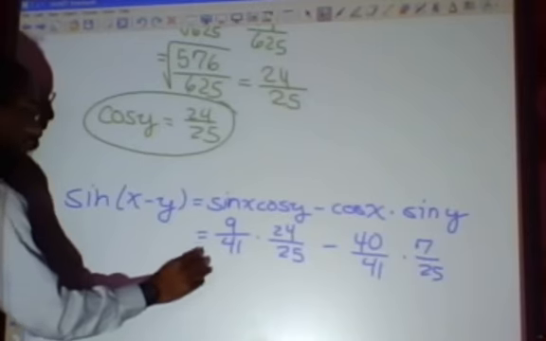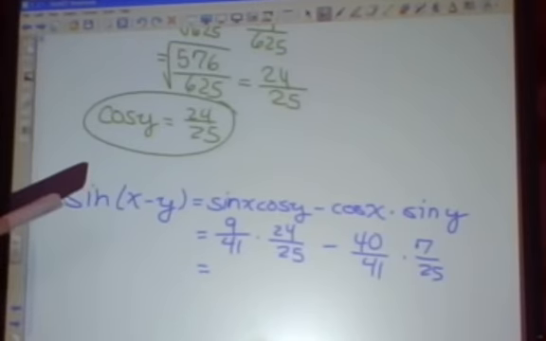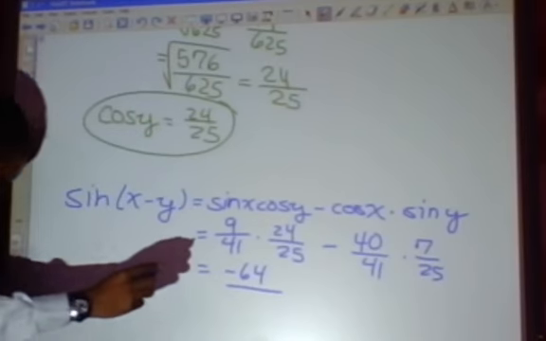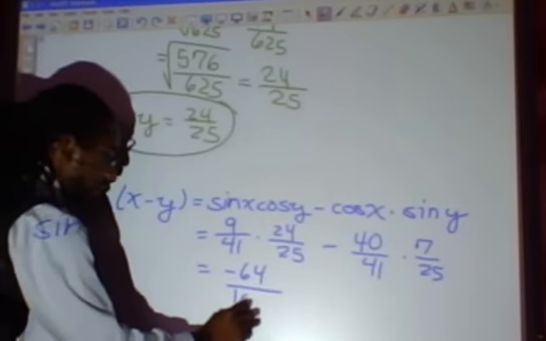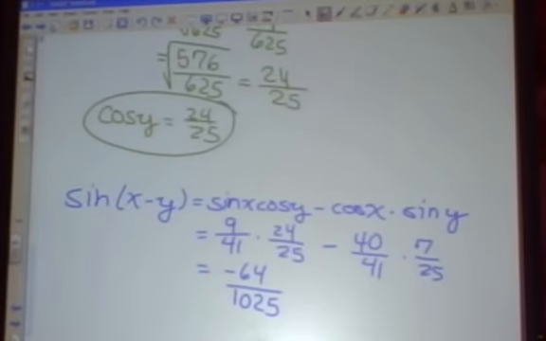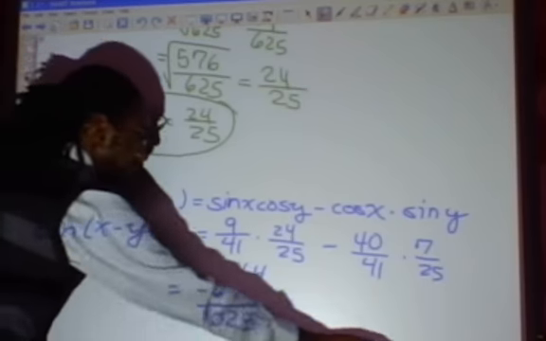If you simplify that down, it gives us our final answer, negative 64 over 1025. So sine of x minus y is negative 64 over 1025.